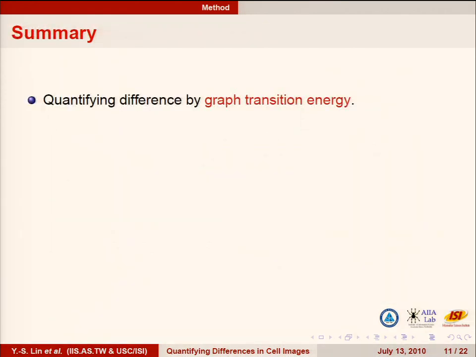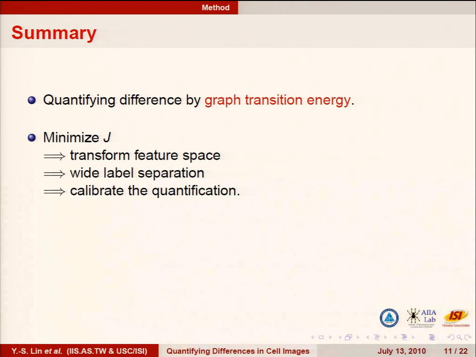To summarize, we use the graph transition energy to quantify the difference, and by minimizing our J, we transform the feature space and extend the label separation.